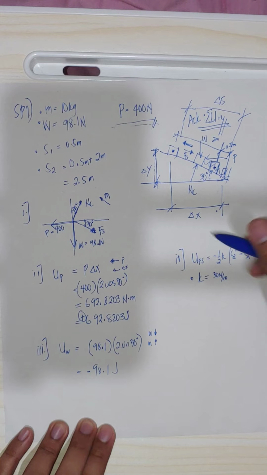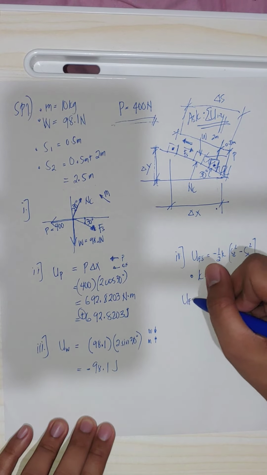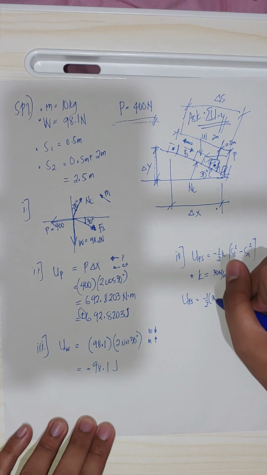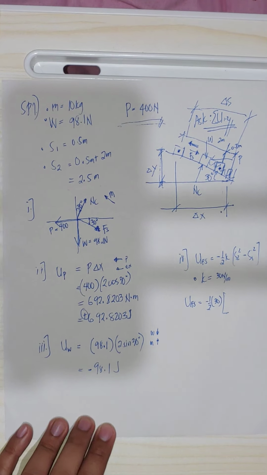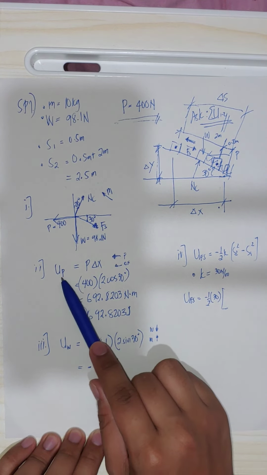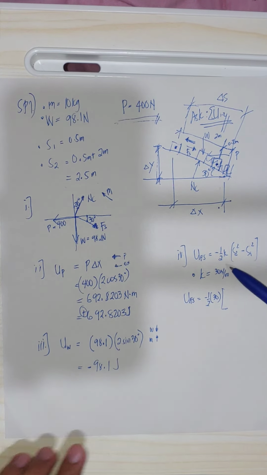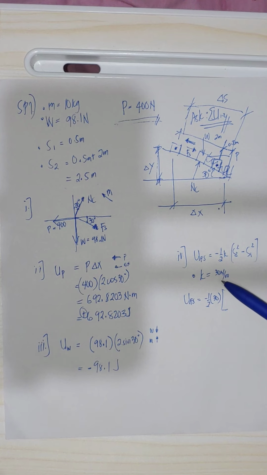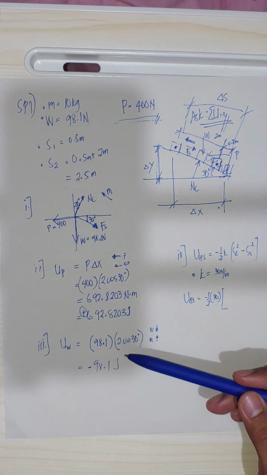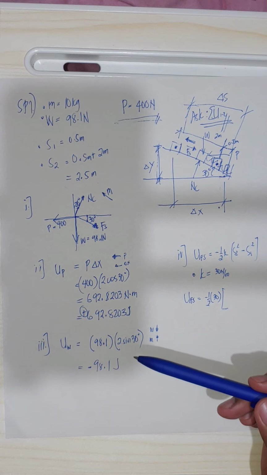So let us substitute the values here. We have the work due to the force of the spring, negative 1/2 times 30 times. If you notice, the displacement due to the force P and due to the weight is 2 meters. So what displacement do we use for the spring?